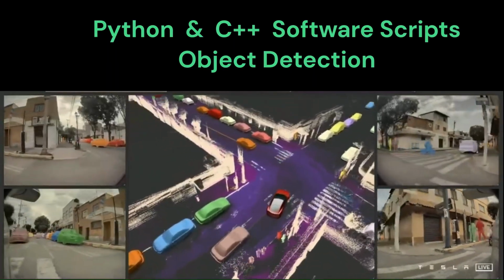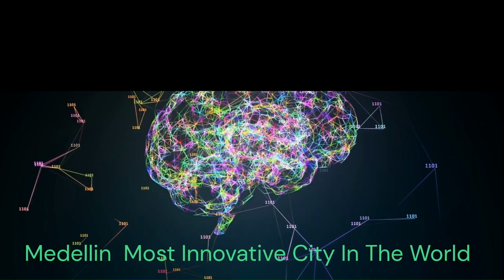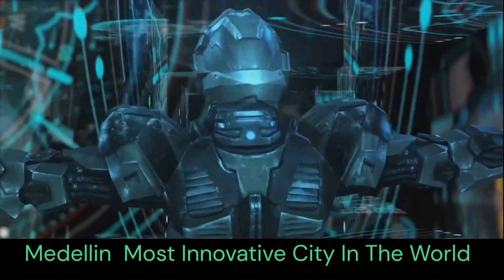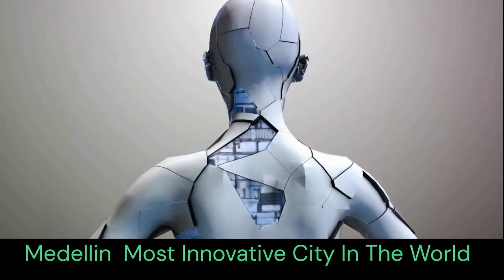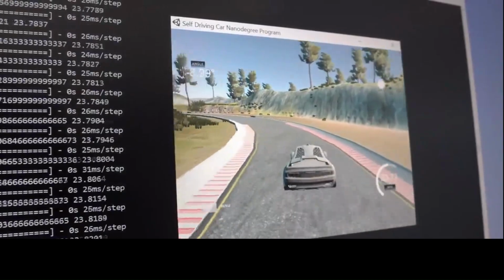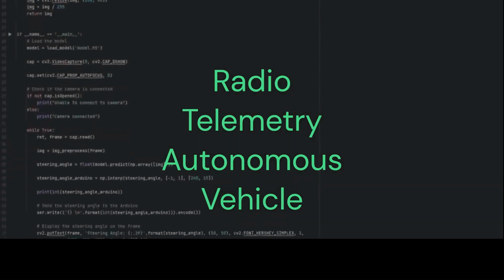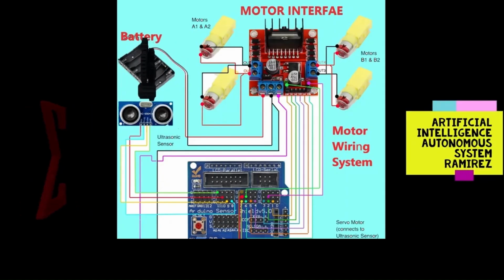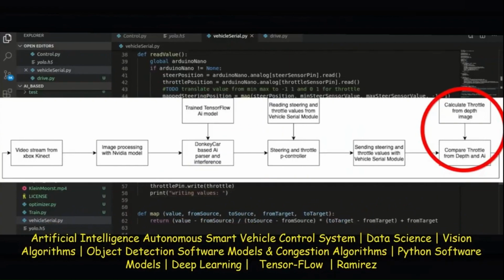The system architecture consists of a top layer hardware, a middle layer hardware, and a lower layer hardware. It also includes radio telemetry and radio control system and power management.